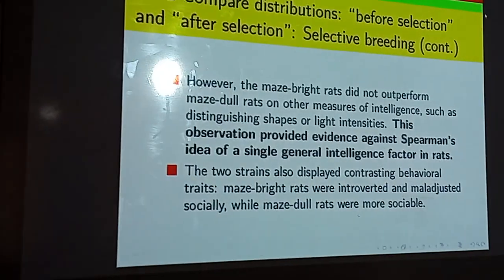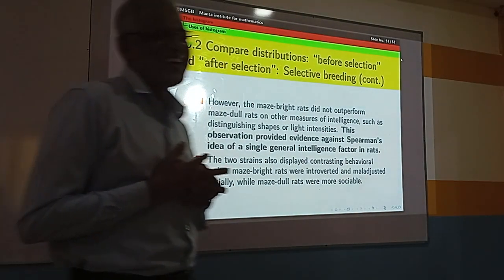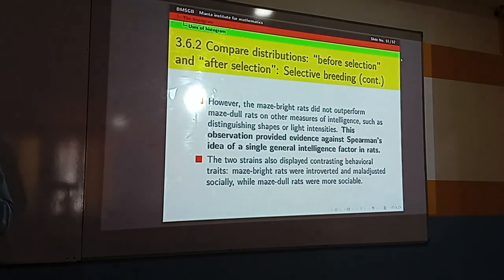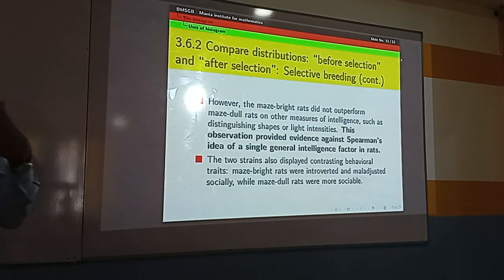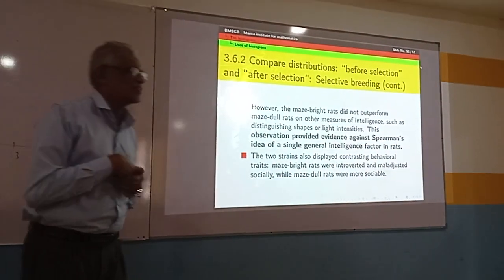They were more sociable. Maybe that is also true for people. I don't know. So they were trying to create this so-called intelligent generation and not intelligent generation.